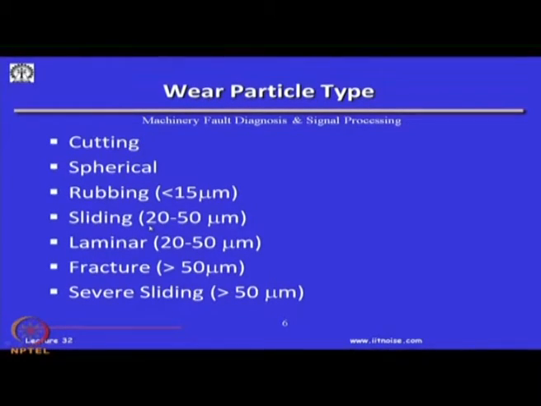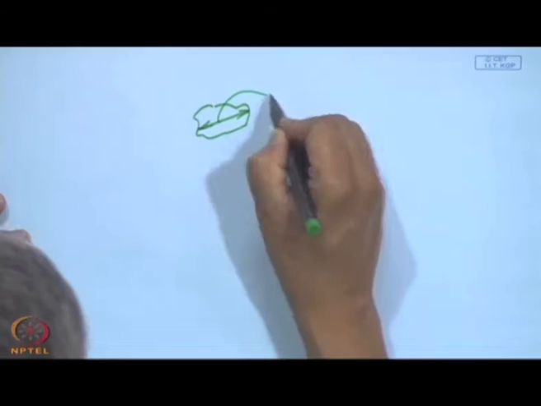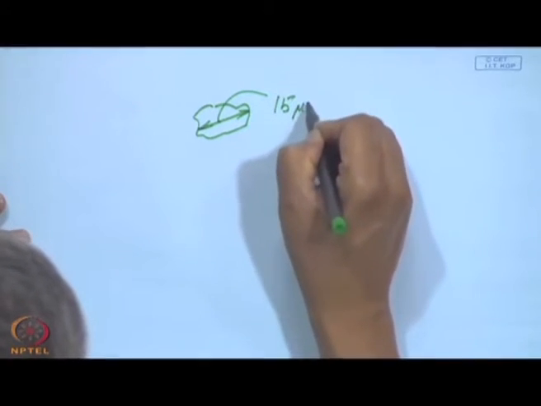Now, usually these wear particle types, I had drawn a few of them, like the laminar ones or the irregular shaped or the curl shaped. The typical size of these wear particles could be cutting, could be spherical. If it is rubbing, it is usually less than 15 micron. By the size, I mean if you see under a microscope, one of the dimensions happens to be 15 micron.